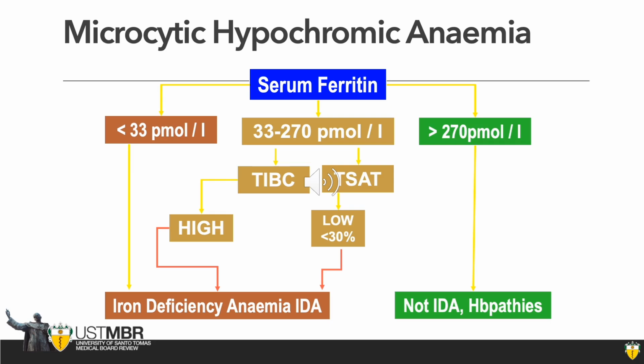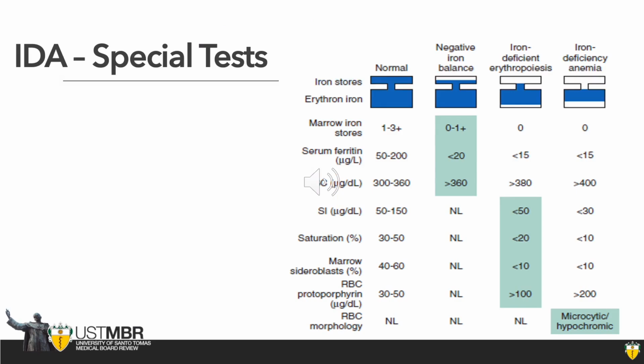Remember that the TIBC is inversely proportional to the serum ferritin or serum iron. So if you have high TIBC, then it's more compatible with iron deficiency anemia, because that means you have low iron, hence the binding capacity of your receptors would be higher.